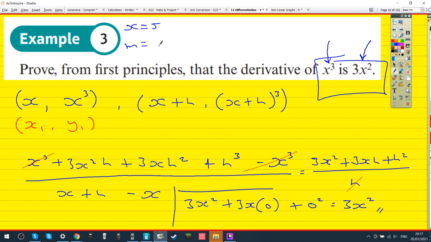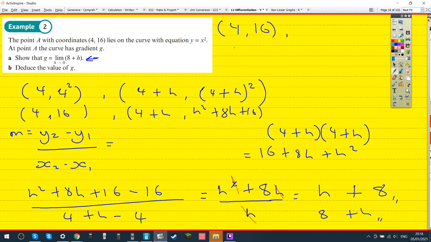Instead of x, you have 5, so it'd be 3 multiplied by 5 squared, which is 75. Well done. And so instead of having to do y2 minus y1 over x2 minus x1, we have a formula that does it for us.